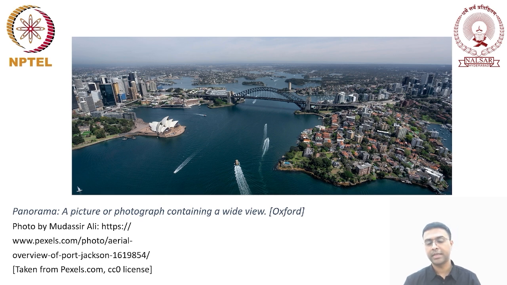Coming to the last segment of this discussion on architectural works, take a look at this image. What you see in this image is a kind of photograph called a panoramic photograph. Panorama is explained as a picture or photograph containing a wide view.